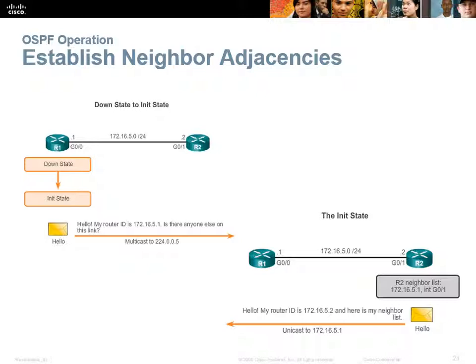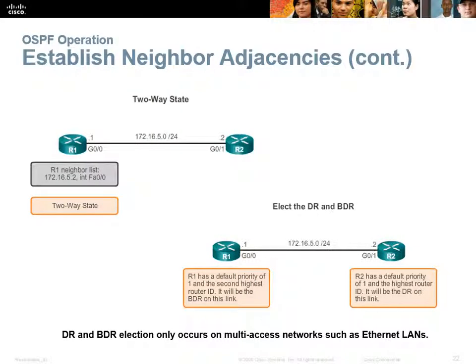What's the difference between a multicast and unicast? Exactly. It's the multi-sent email versus a broadcast email, which we all call spam, or a singular email, which is your unicast. Okay, we have a two-way state.